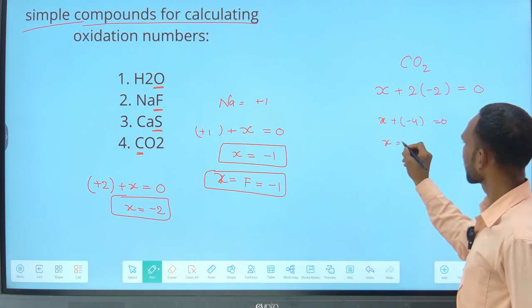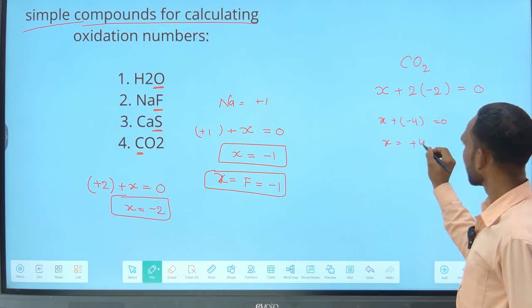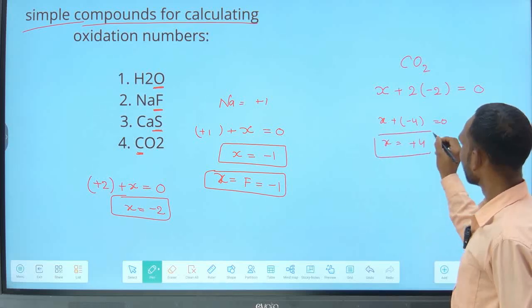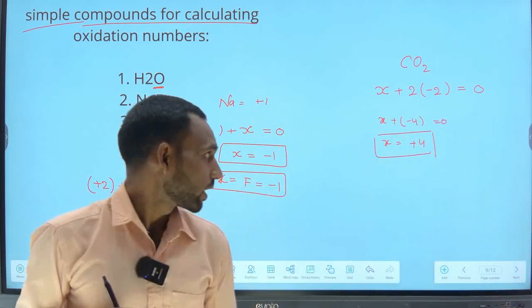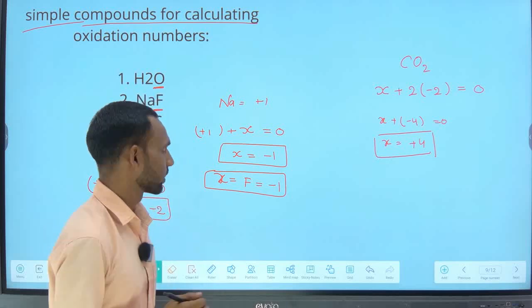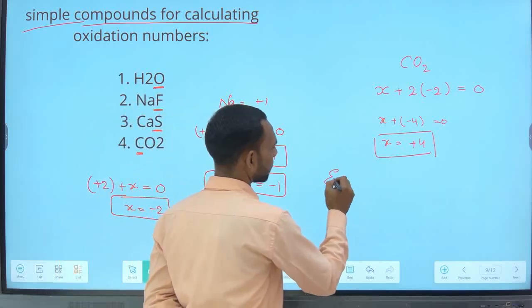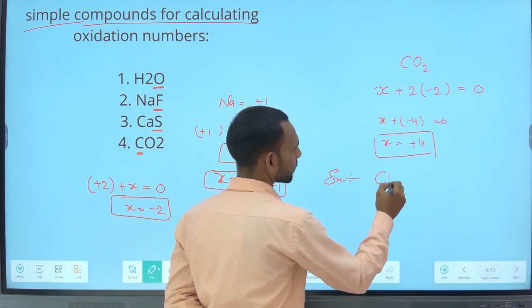X plus (-4) equals 0, X equals +4. In carbon dioxide, carbon has the +4 oxidation state.